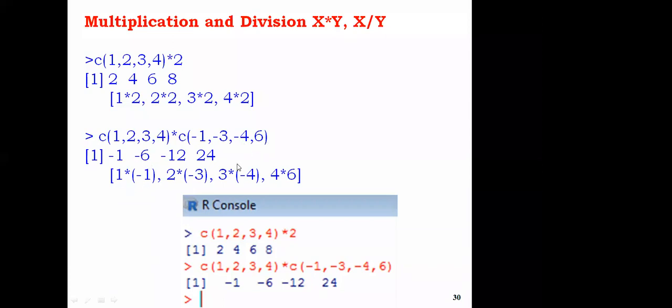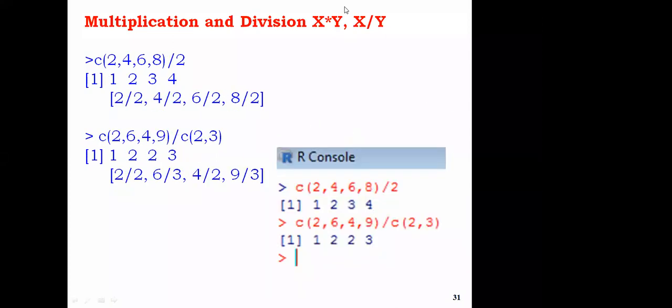Then we'll get this result. And then again, c combines 2, 4, 6, 8 divided by 2. Here you see 2 divided by 2, 4 divided by 2, 6 divided by 2, 8 divided by 2. Then similarly for this one, 2 divided by 2, 6 divided by 3, 4 divided by 2, and then 9 divided by 3. It will take like this in our language.